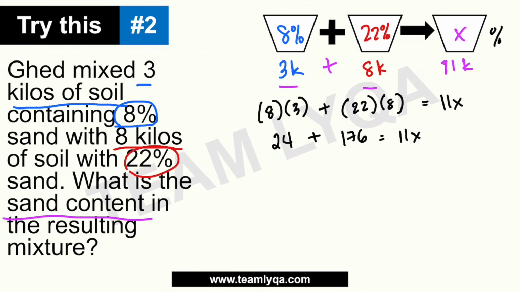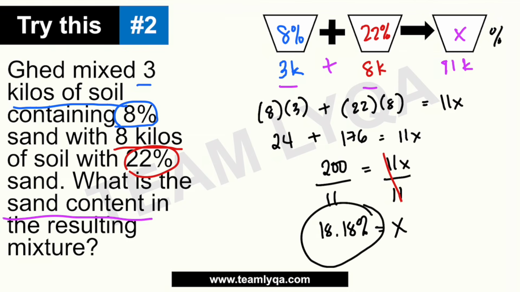Pag dinagdag ko ngayon yung 24 sa 176, ang kalalabasan niyan ay 200 equals 11x. Divide natin both sides sa 11 para ma-cancel yung 11 at maiwan yung x sa isang side kasi ang x ay dapat laging iniiwan. Tapos we have 200 divided by 11. Okay? So ang sagot would be 18.18%.